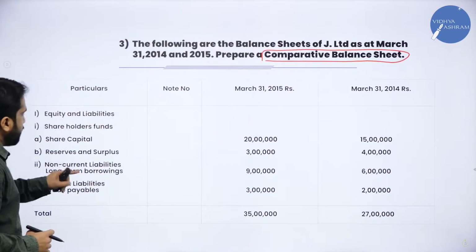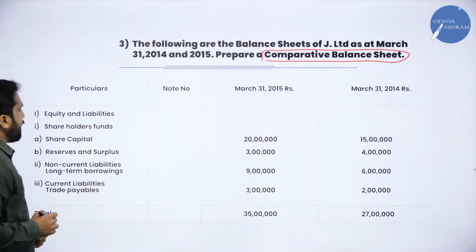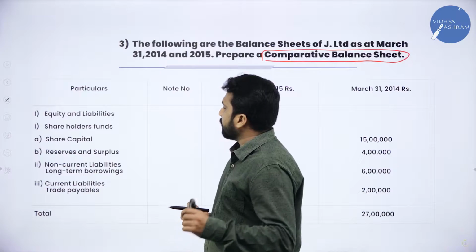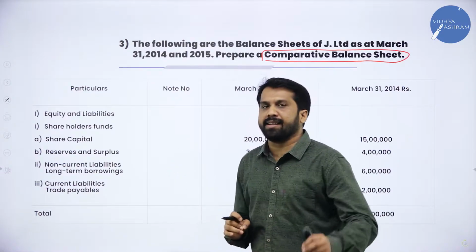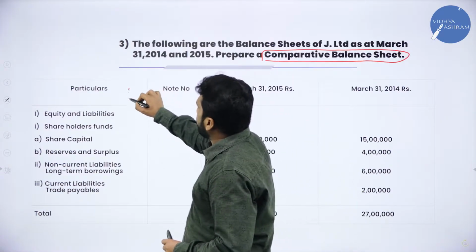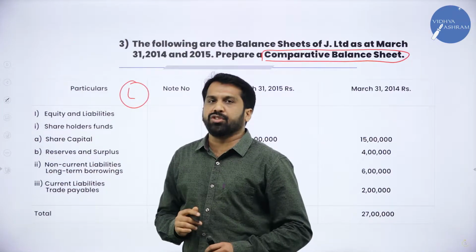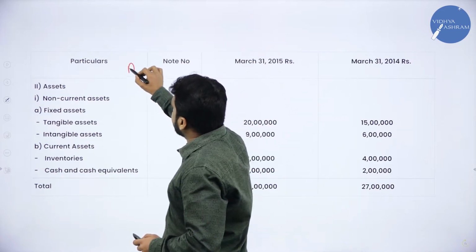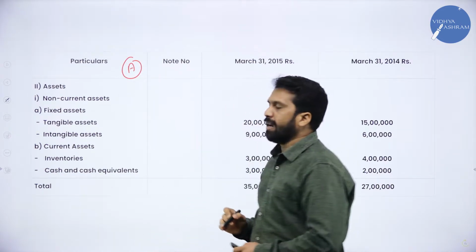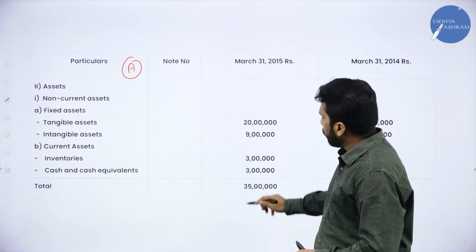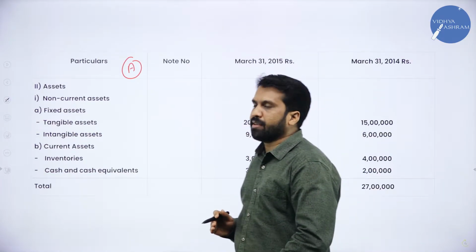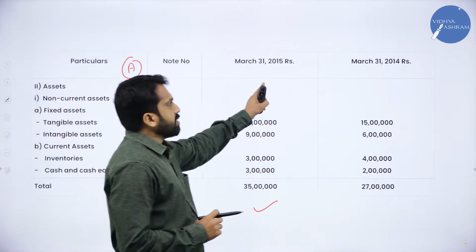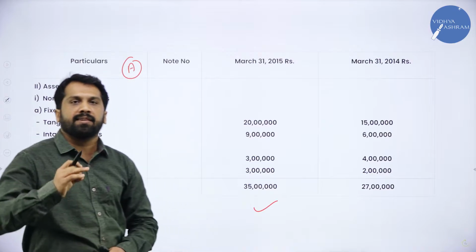Now, there is a balance sheet: equity and liability, shareholders fund, share capital, reserve and surplus, non-current liability and current liability. These are all your liability information. Now, these are all your assets. Your question is up to this much. They have given liability, they have given asset, as well as they have given 2 years, 2015 and 2014.